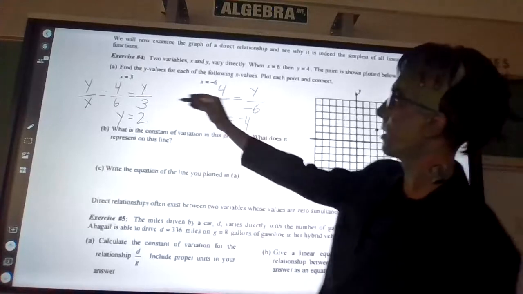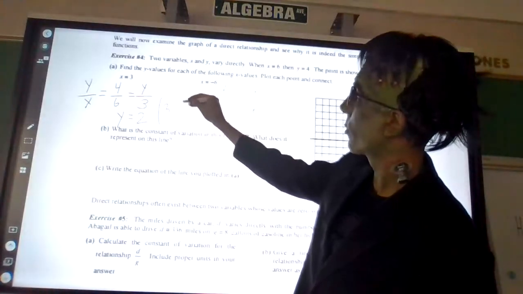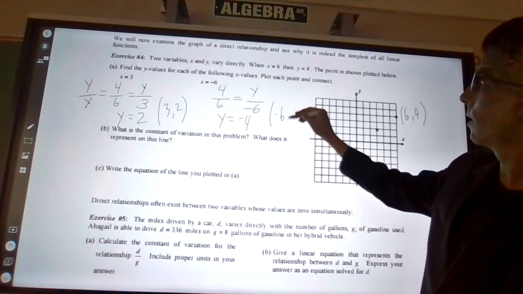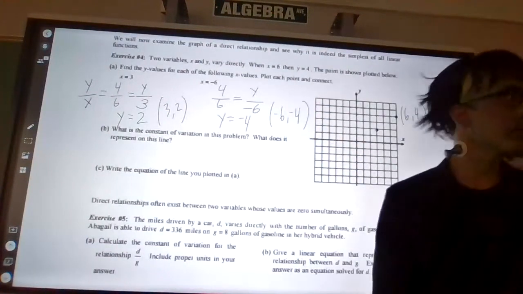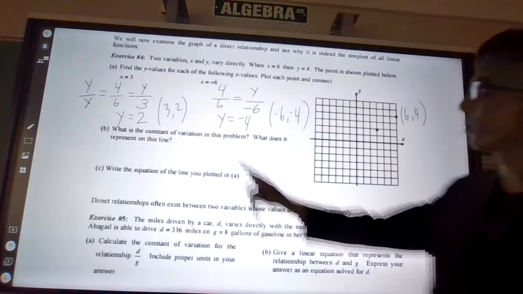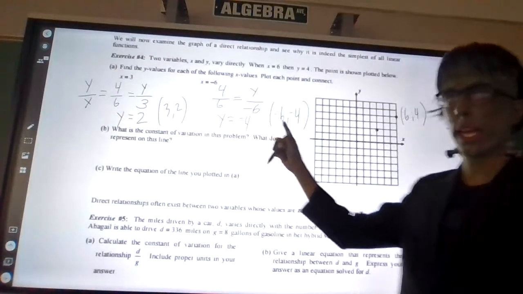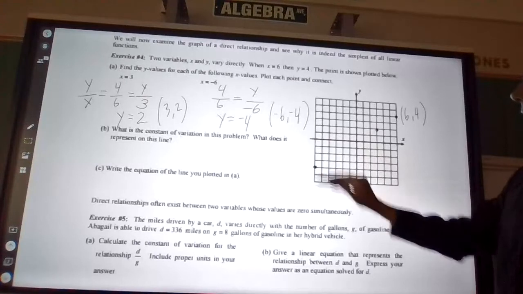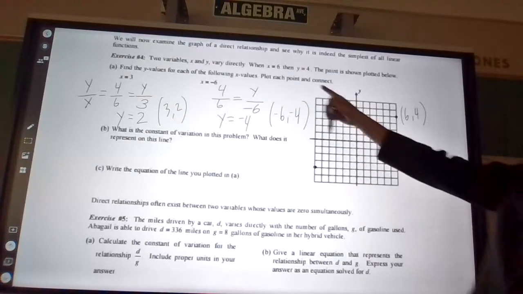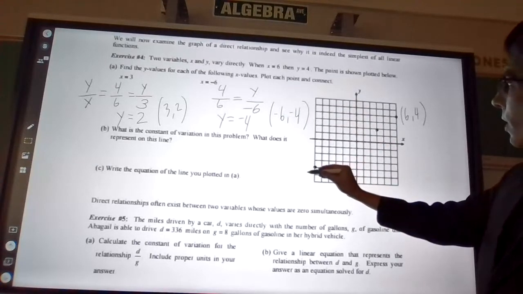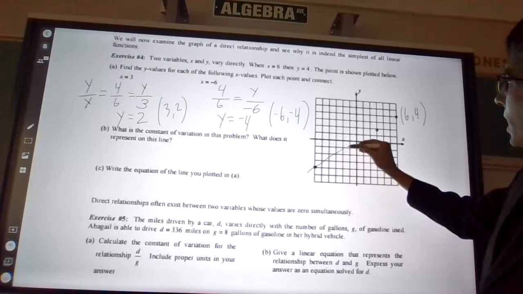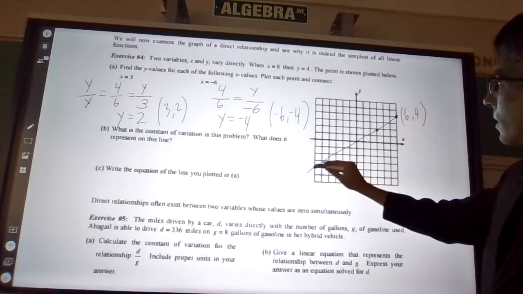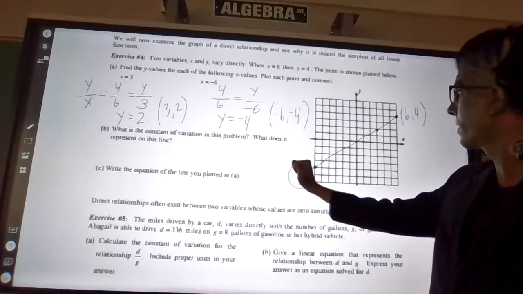So here, maybe I'll write those points real quick. All right, I have the point 3, 2, which I already plotted, and now negative 6, negative 4 is way down here. It says plot each point and connect. So guys, use your straight edge, not like me, and connect those points. Shouldn't have gone past.